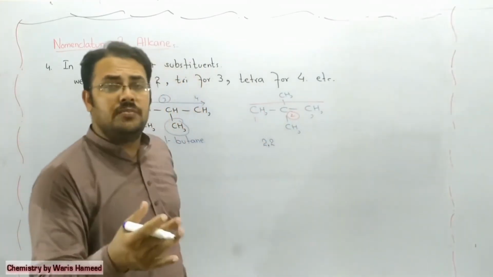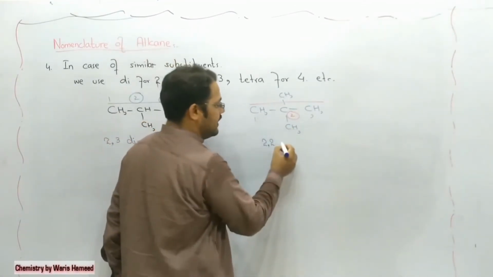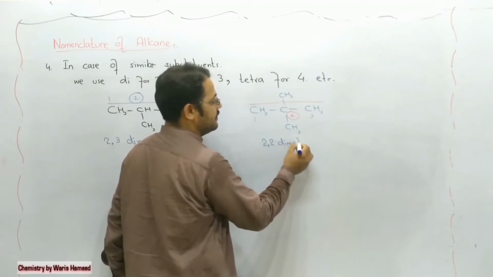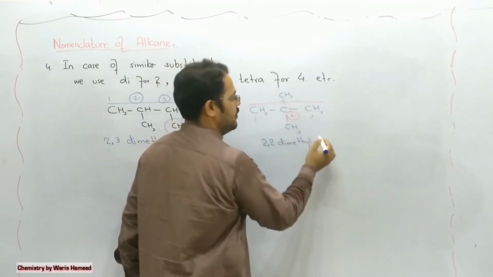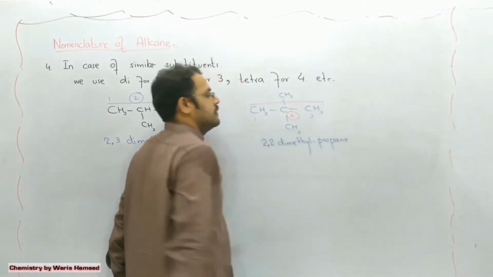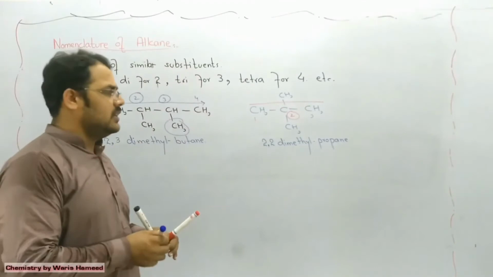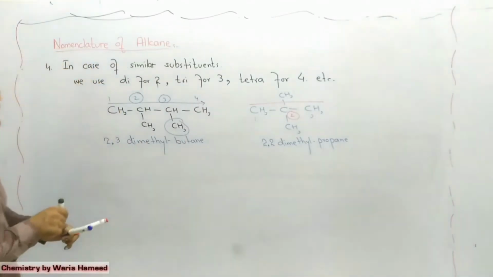You can write just 2 because it's propane. 2,2 dimethyl propane. I hope that it is very clear to you. Now moving toward the next rule.